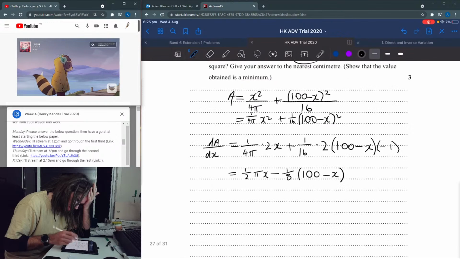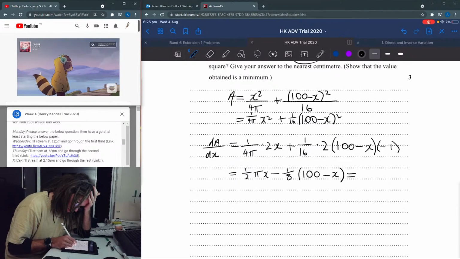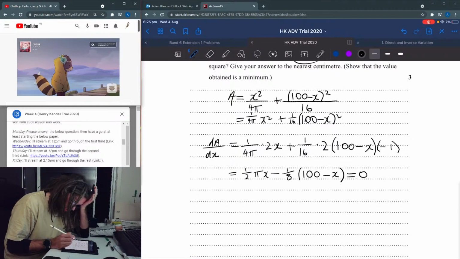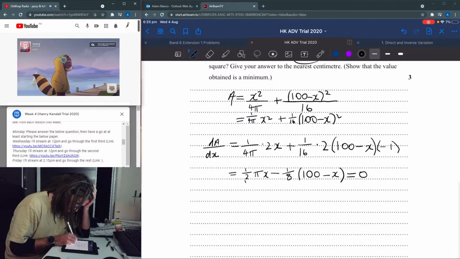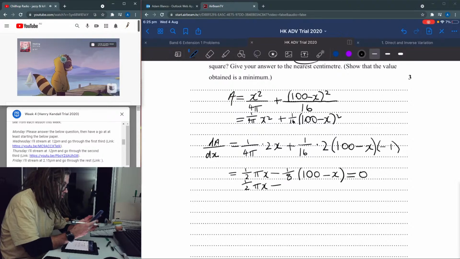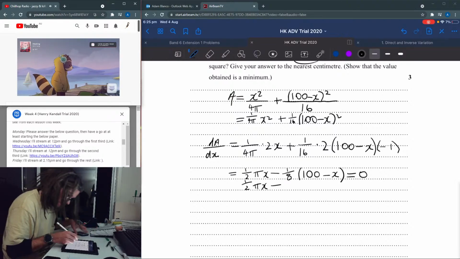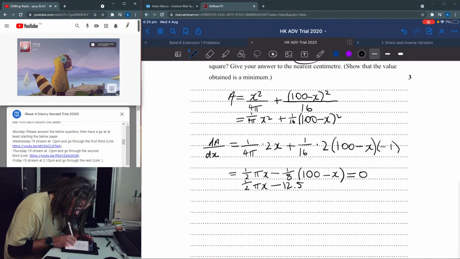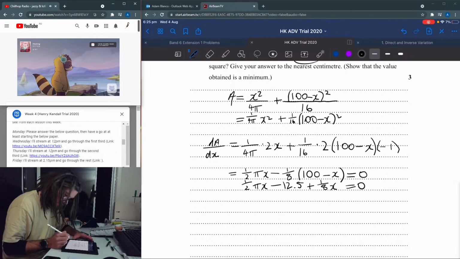Okay, and I want to show that it's a minimum, so in other words stationary at a point, so set that equal to 0. Let's expand that thing. 1/2 x minus, what's 100 on 8? Is it 12.5? Yeah, 12.5 plus 1 on 8x equals 0.